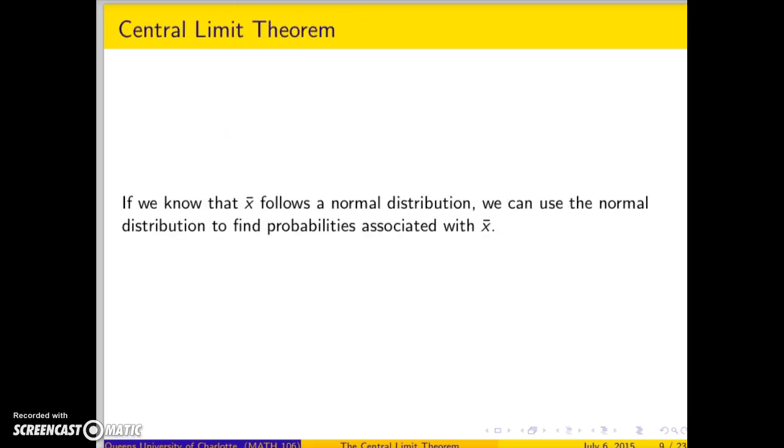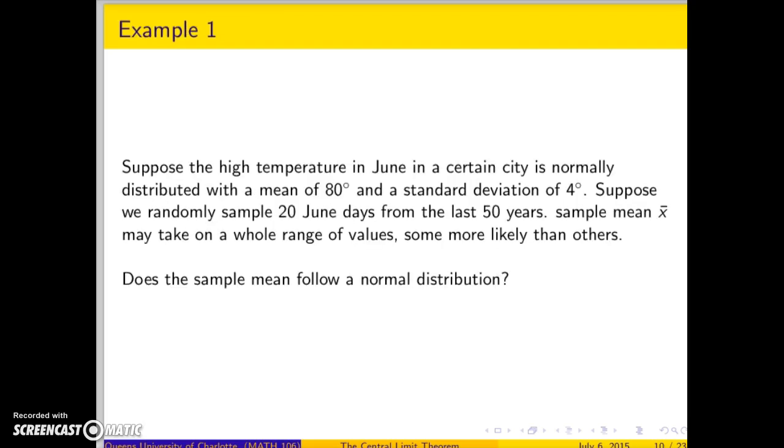So for those problems where we know x bar follows a normal distribution, we can use the normal distribution to find probabilities associated with x bar. So for example, suppose, like we did in the previous lesson, the high temperatures in June follow a normal distribution with a mean of 80 degrees and a standard deviation of 4 degrees.